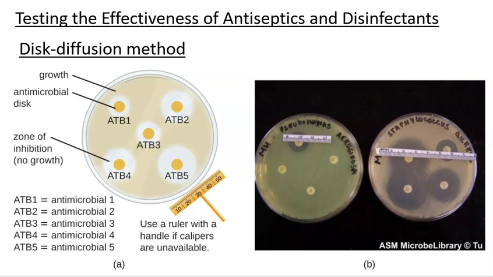So this is great. It lets you know whether or not your cells are inhibited by the chemical. It isn't necessarily measuring whether or not it's cidal. It's just telling you that you inhibited the growth of the cells there.